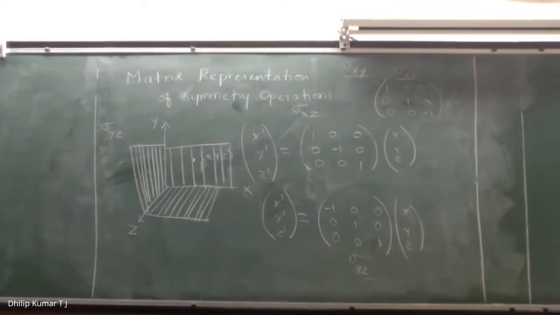What about the inversion? What happens to these Cartesian coordinates if you invert the molecule or invert these coordinates? How will the matrix form look? -1 0 0, 0 -1 0, 0 0 -1. Everything will be inverted.